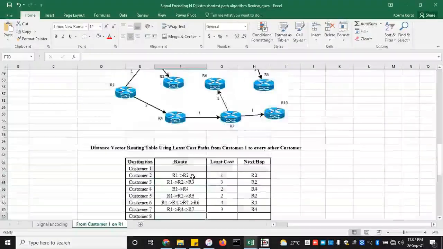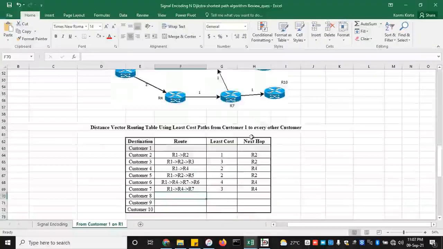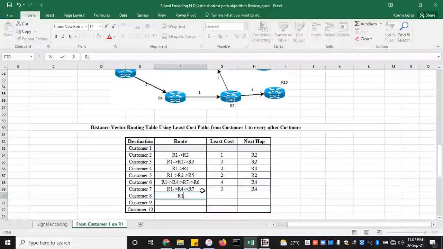For 8, it was this route from R1, R2, R5, R8.